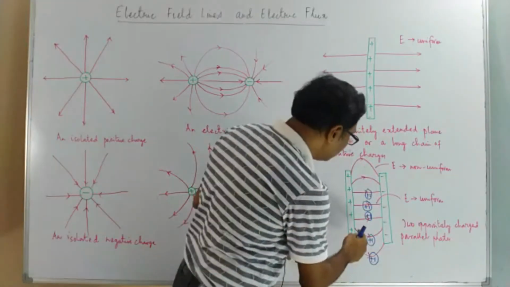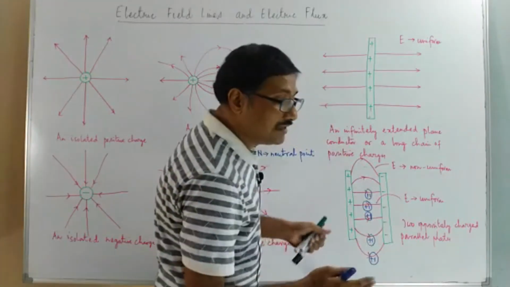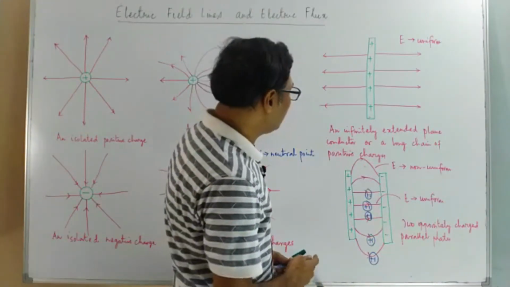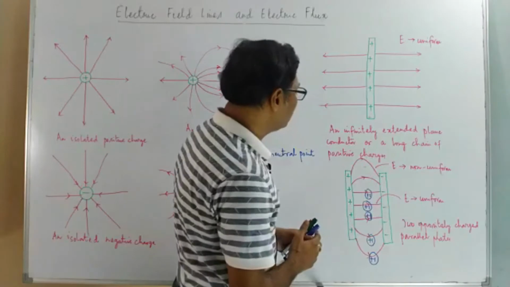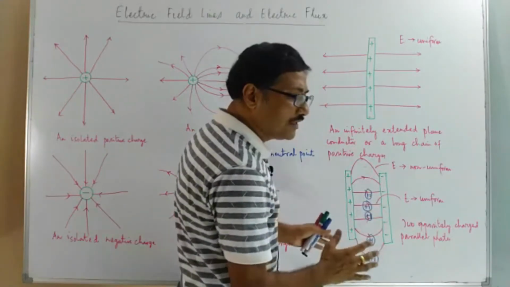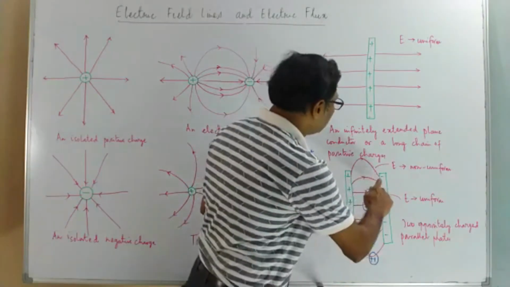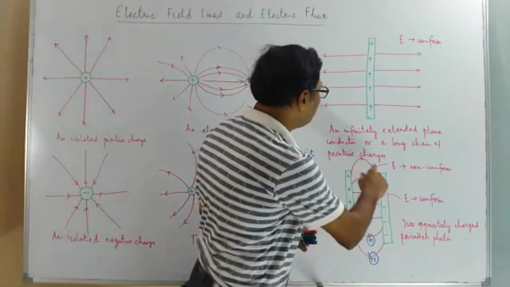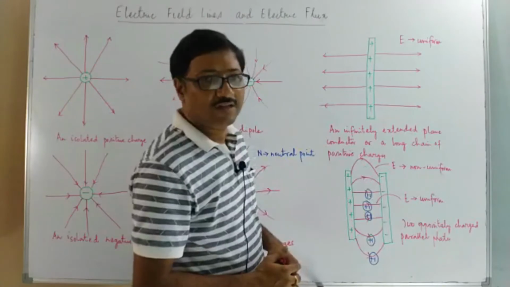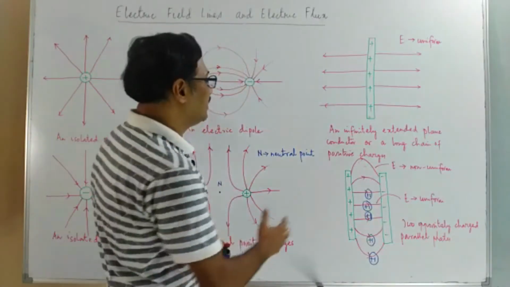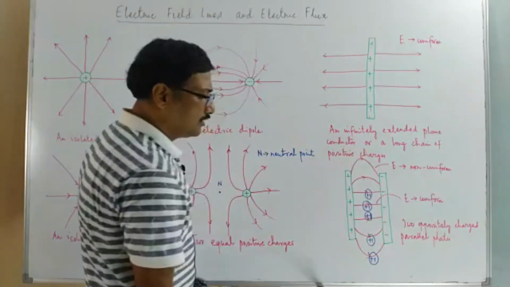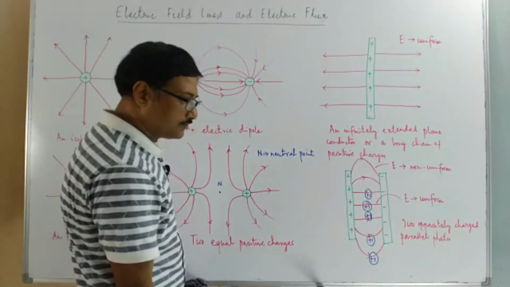As a result, this line of force bends. And this is how we can explain very easily and lucidly why the electric lines of force bend near the edges. Is that clear? So again we have considered another kind of continuous charge distribution.